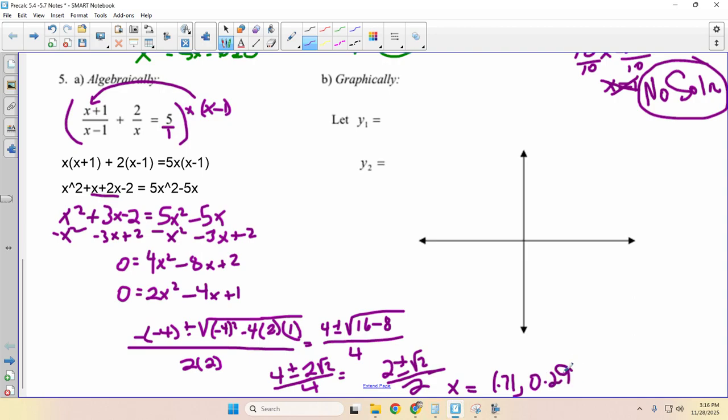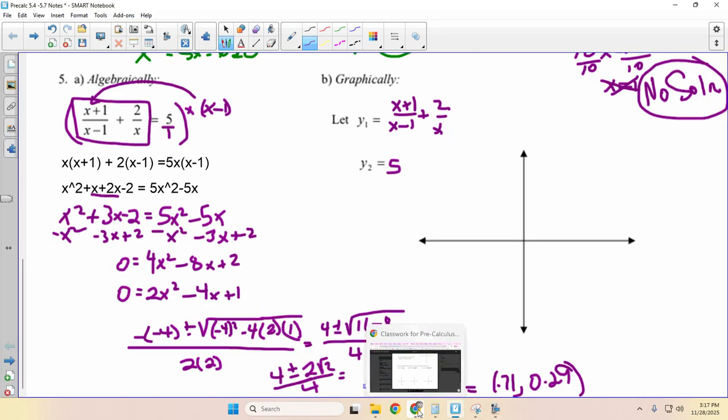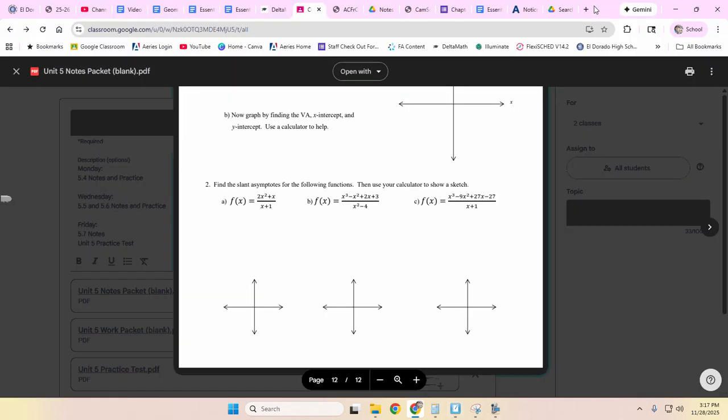Okay. Let's see how we can do this graphically to get an answer. So y1 is going to be x plus 1 over x minus 1 plus 2 over x. It's this guy right here. And y2 is going to be 5. Let's pull up our Desmos.